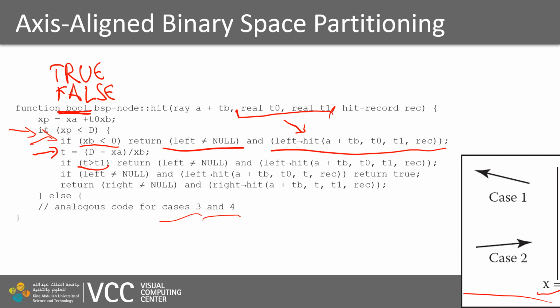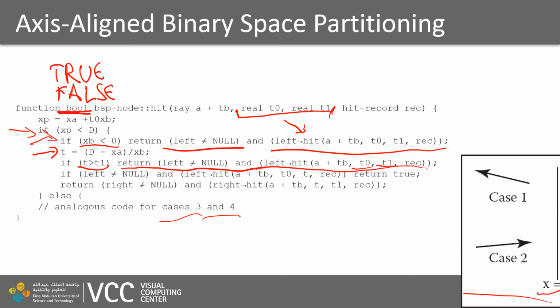Therefore, if the T will be bigger than the T1, we are not really interested in anything for T bigger than T1. And therefore, we will again execute a return of this function with calling the left hit on the original interval T0 and T1.